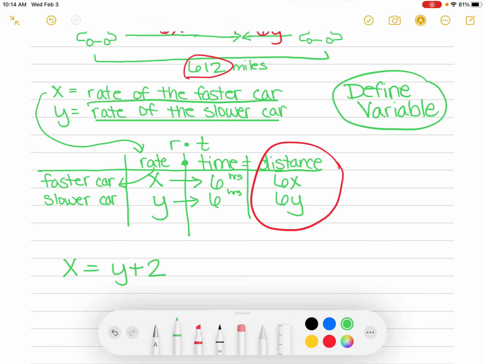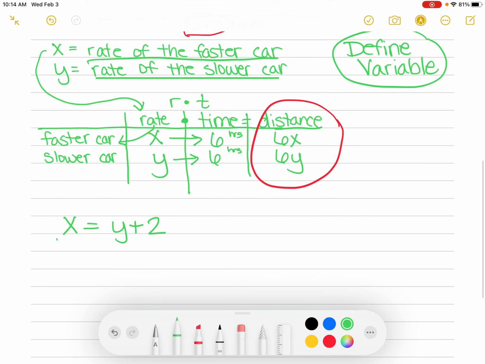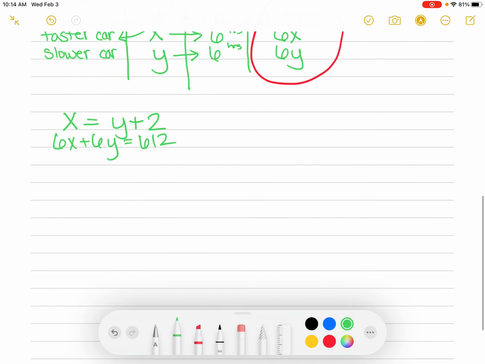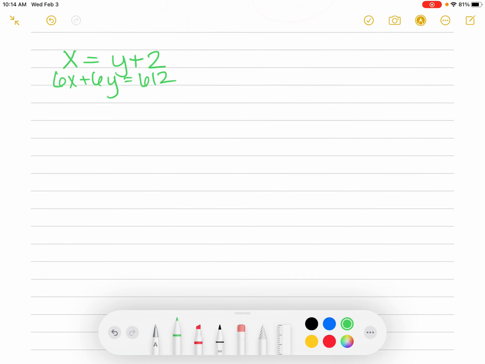So I'm going to put that down here: 6X plus 6Y equals 612. You see how you can see that on the picture, and that's why it helps to draw a picture: both of their distances before they meet are going to equal 612 miles, because that's how far apart they were.